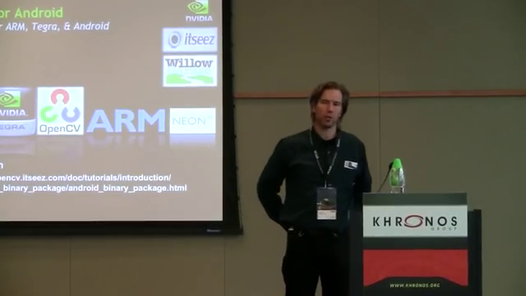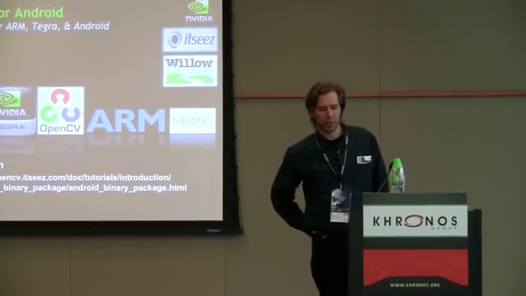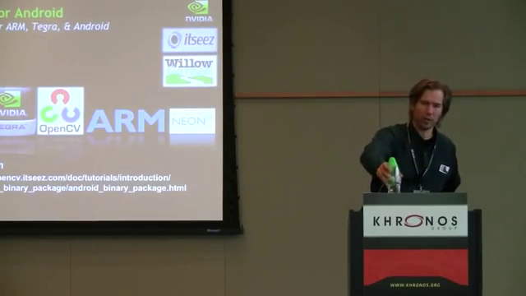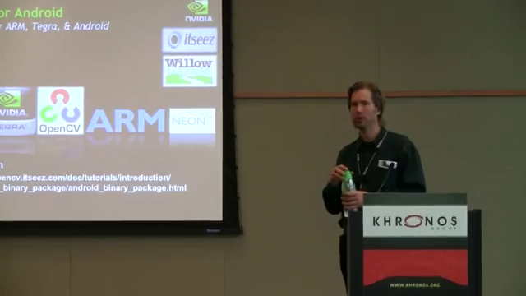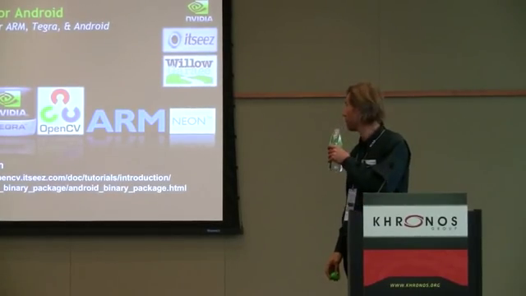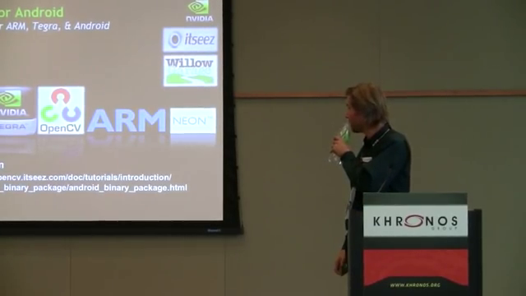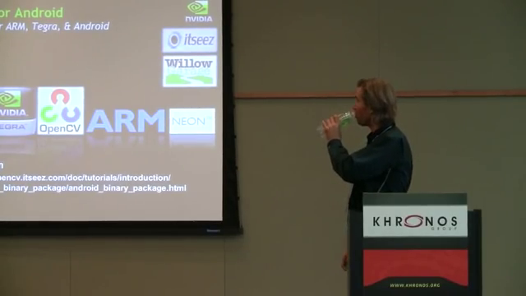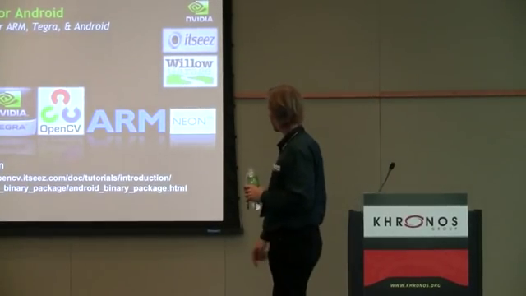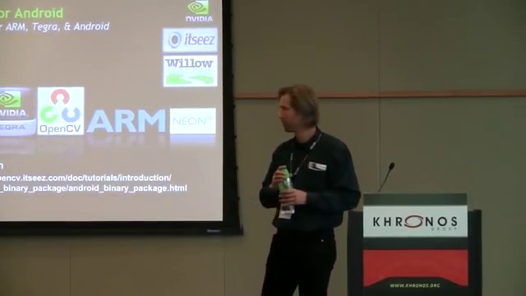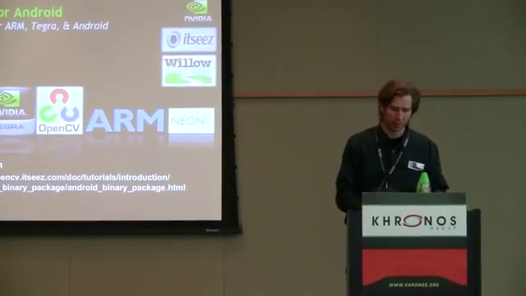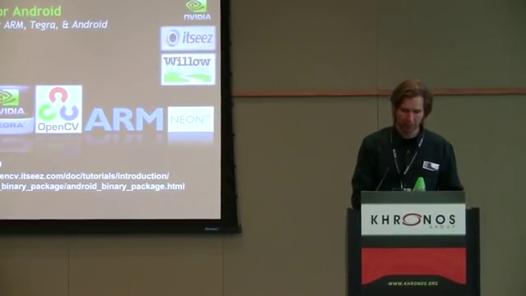They had a team in Russia. One of the teams working on OpenCV was in Russia, and when Intel reduced their investment in OpenCV, these guys started their own company, and they kept working on OpenCV. And ITSEEZ hosts the Android version of OpenCV.